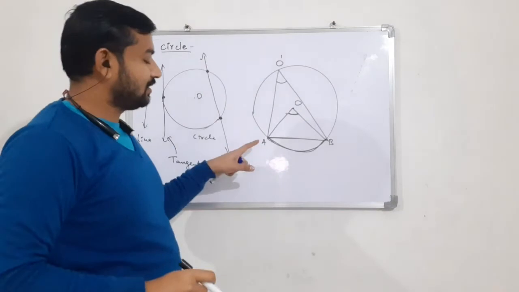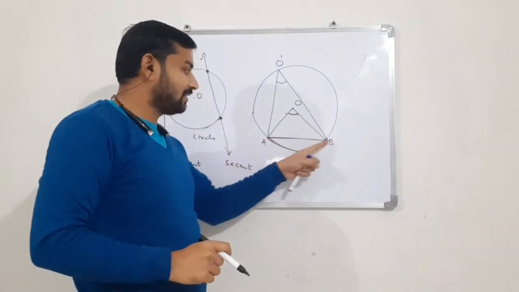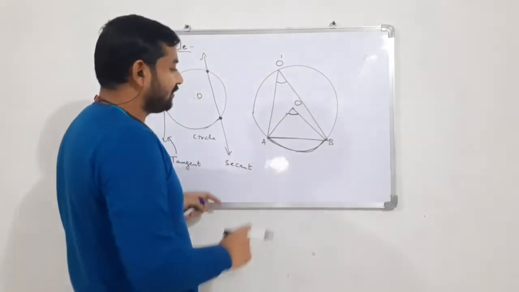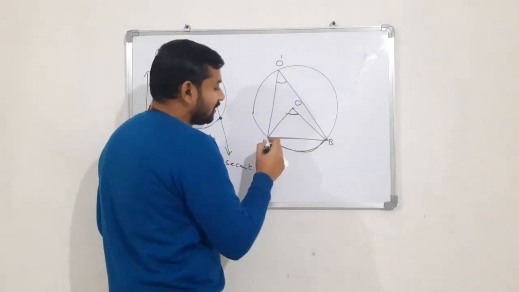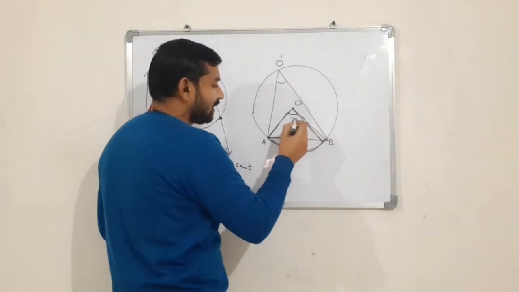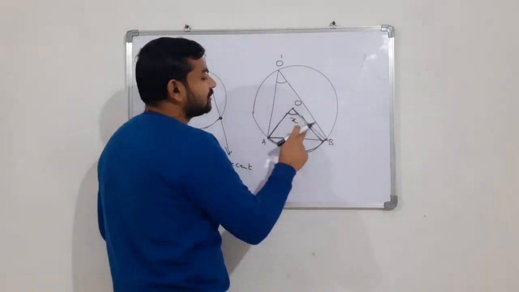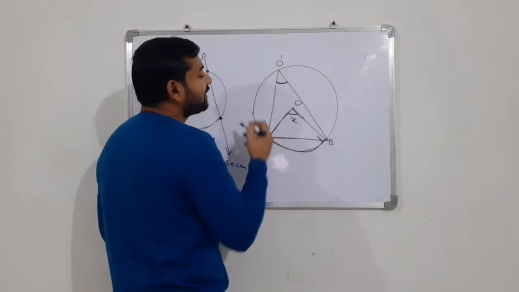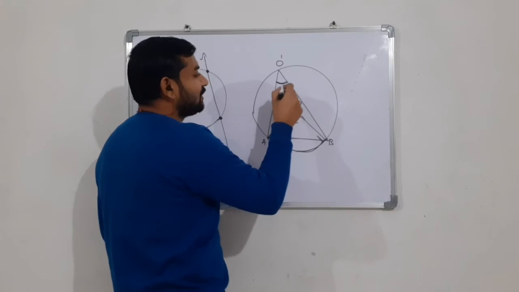The angle made by this chord AB at the center is AOB. Let me call this X, and the angle in the remaining part of the circle, anywhere, will be taken as Y.